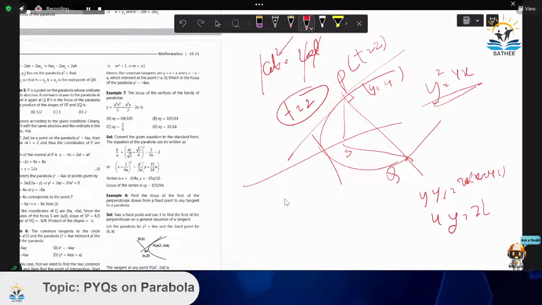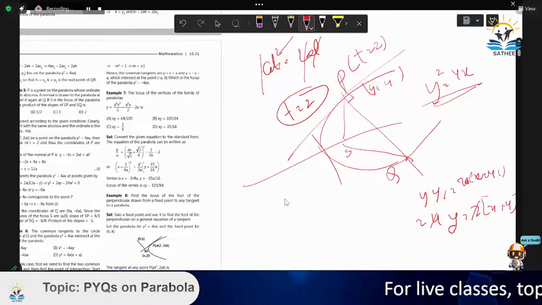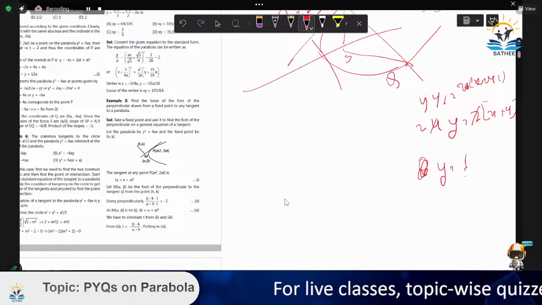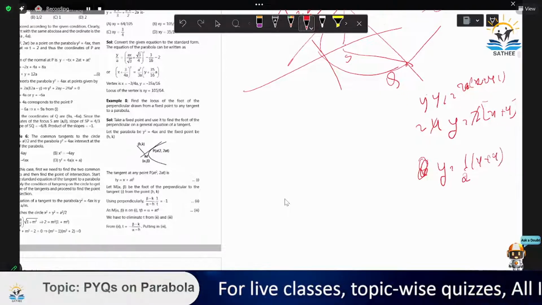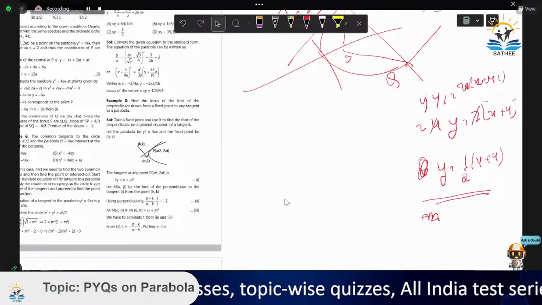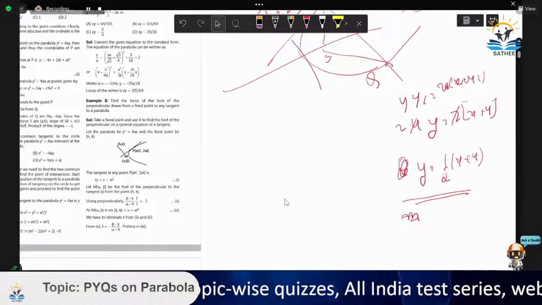We've taken this as an example because it is not mentioned here, so we can apply it for any parabola. So x plus 4. We'll cancel the 2 factor and I'm left with y equals 1 by 2 x plus 4. So this is the equation, and now solving it with the parabola again.